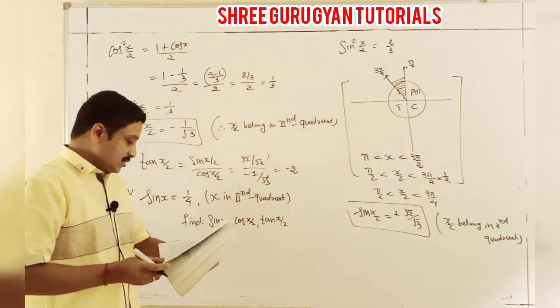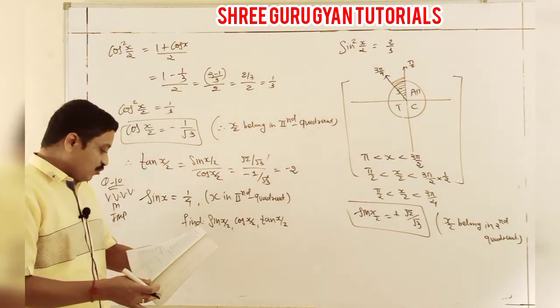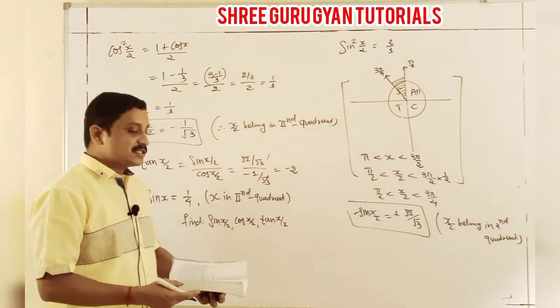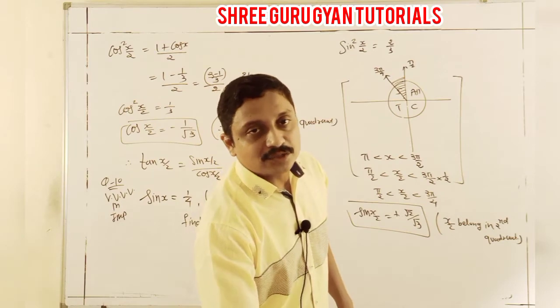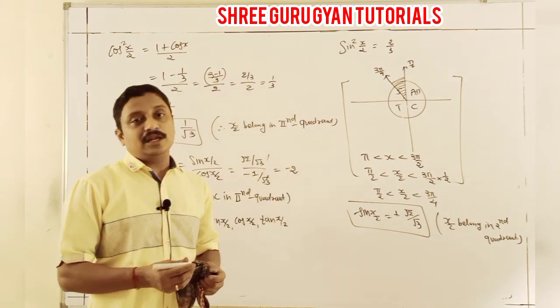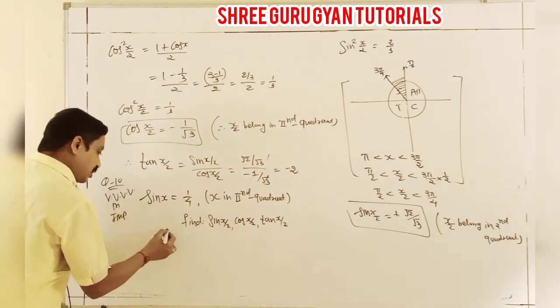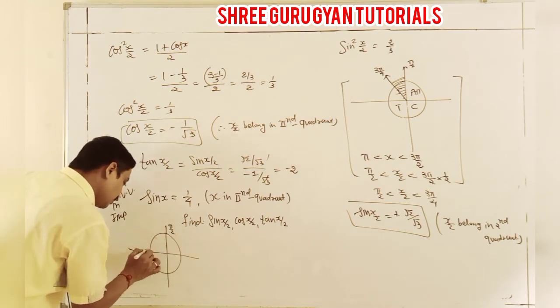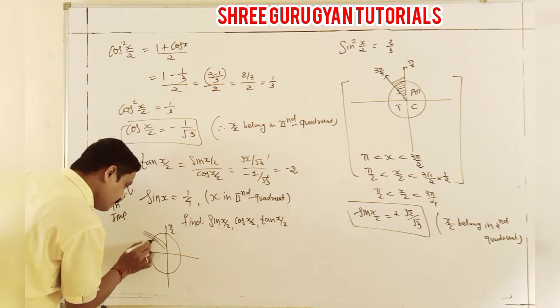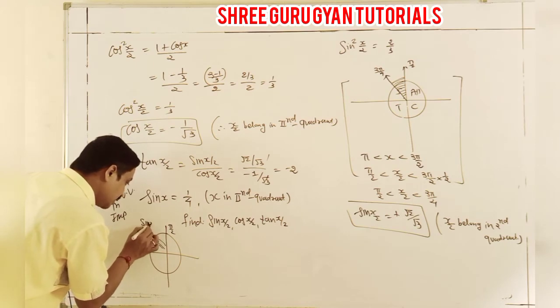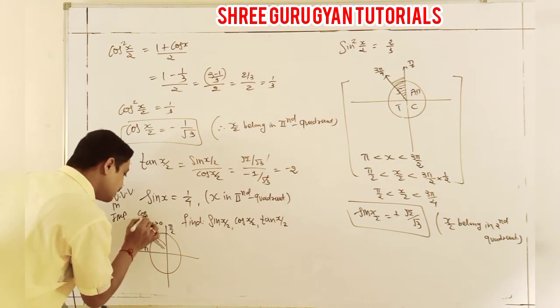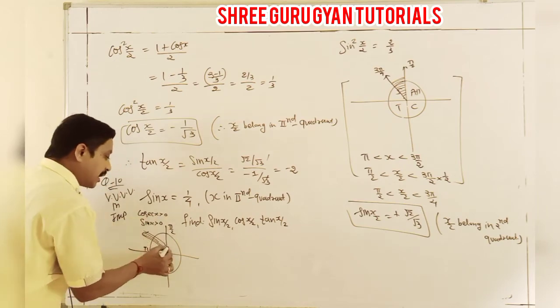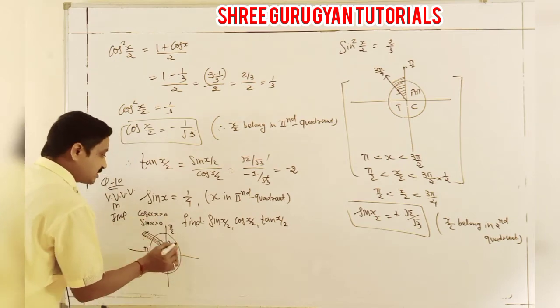One more time, repeat: our sin x is given as 1 by 4 and x lies in the second quadrant. Students, this numerical is really important. Second quadrant means you are here again, pi by 2 to pi, this degree. And here sin x is positive, cosec x is positive, but all others are negative according to all STC.